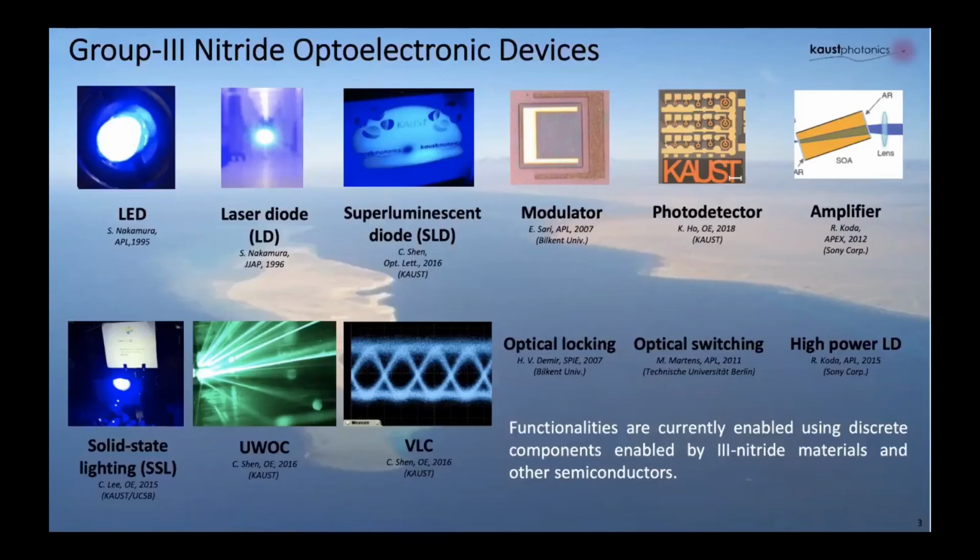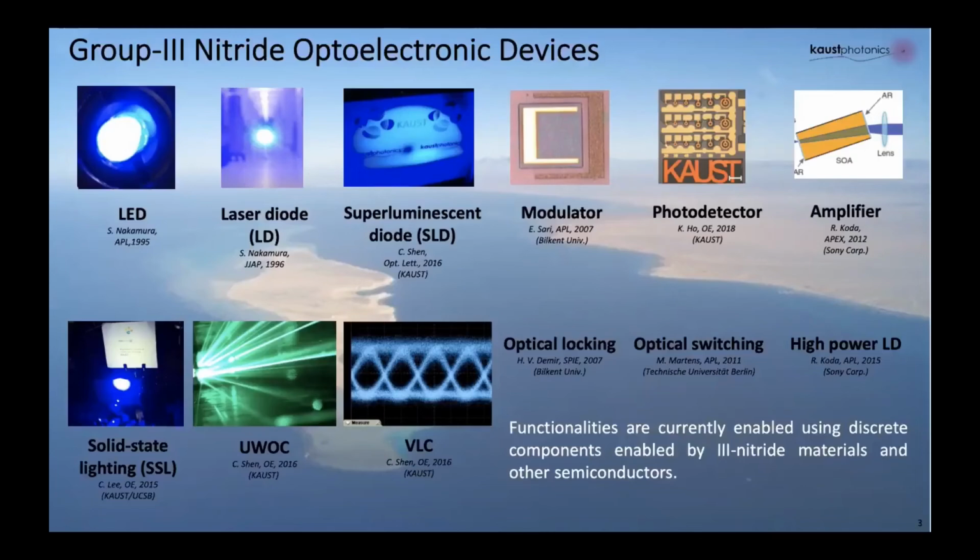Thanks to the invention of the blue LED by Shuji Nakamura, who eventually got a Nobel Prize in 2014 for this invention, we are then able to use this as the light source for blue and green color semiconductor light source built on gallium nitride, or the so-called III-nitride material.